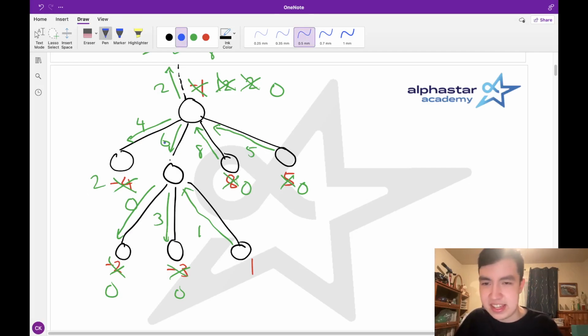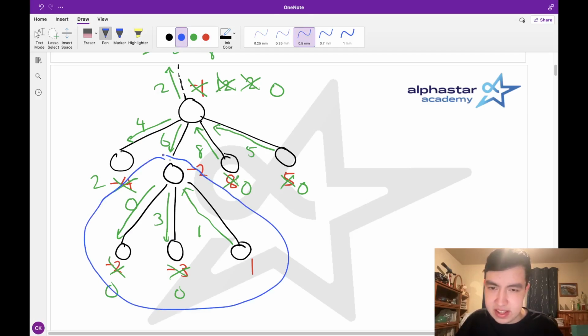And the important thing here is we're able to know that we can send 6 hay bales to this subtree because the sum of all the deficits, this was originally -2, the sum of all the normalized values in here, if we sum this all up, then we get a total of -6.